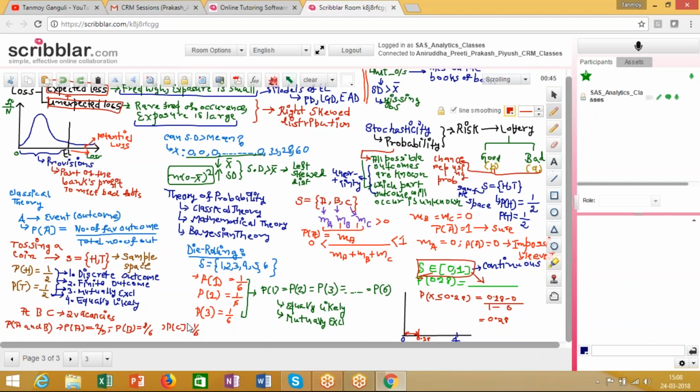The classical definition can only be applied to events with discrete, finite, mutually exclusive, and equally likely outcomes. If any one or more of these assumptions are violated, then you cannot do anything about it.